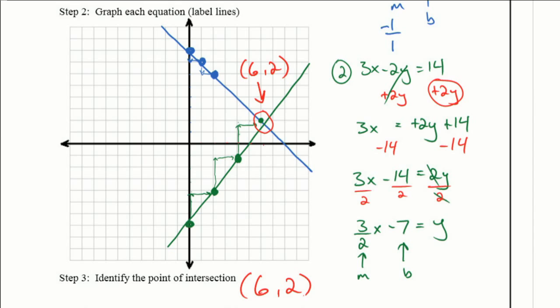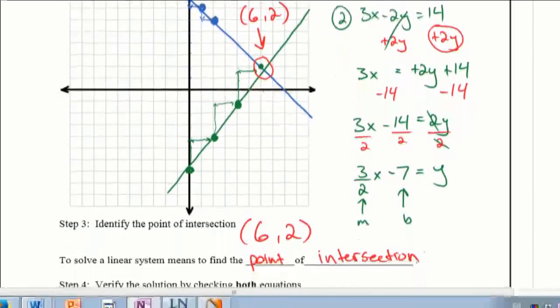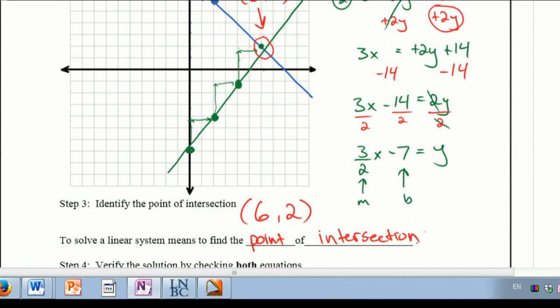It's a point that satisfies both lines. It's on both of my lines. To solve a system of linear equations, we find the point of intersection, so where those two lines cross.